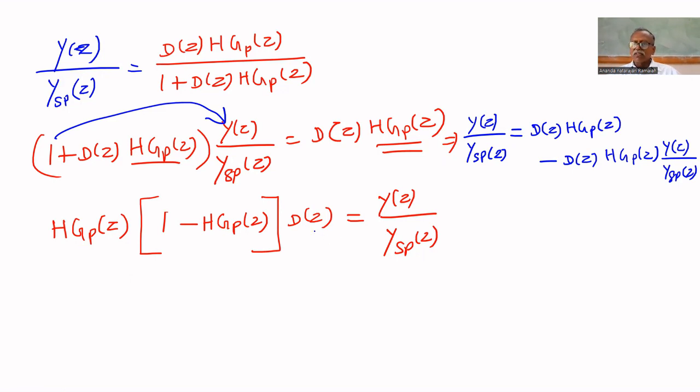D of Z in both cases, that's why taken outside. The remaining thing is 1 here, 1 here, and here only Y of Z by HGP of Z.